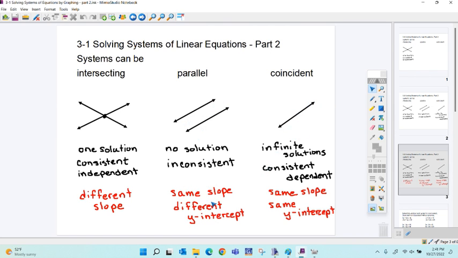If they're parallel, they have different y-intercepts. Having an intersection means different slopes. They might have the same y-intercept; we don't know anything about the y-intercept here. But if it's coincident, in other words the same line on top of each other, it has the same slope and the same y-intercept. So this is just for your vocabulary.